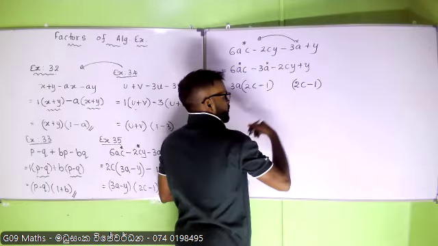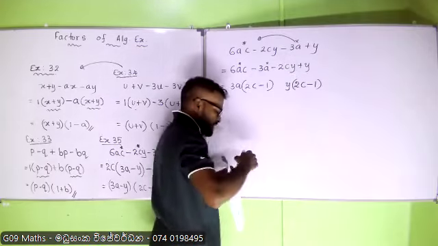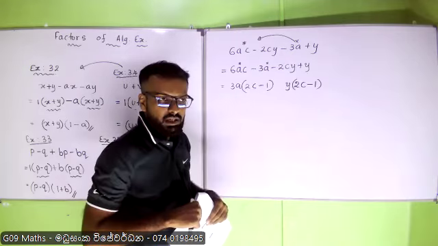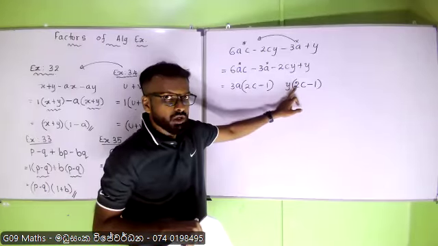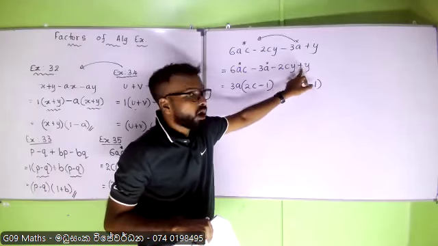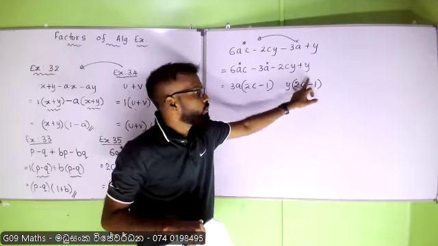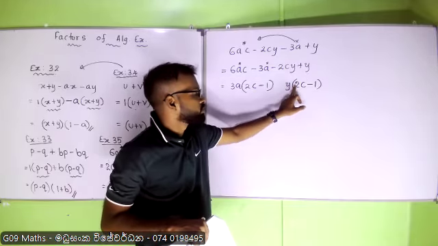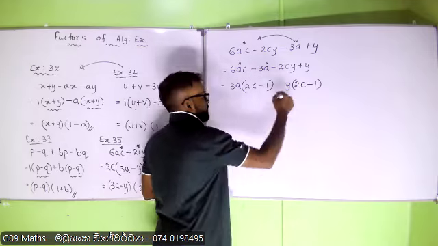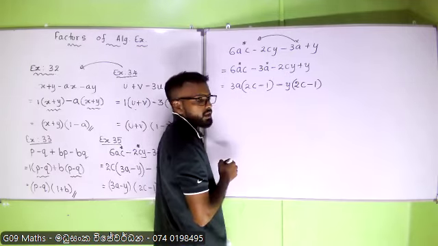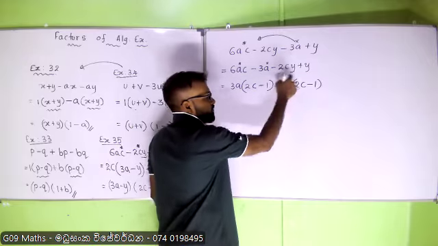Y. Right. You are going to take y out. And what is the sign? Did a sign change happen? Negative 2cy becomes positive. Right. Positive y becomes negative. Positive becomes negative, negative becomes positive. Sign changes are there. So take the negative sign out. And the common term is y.